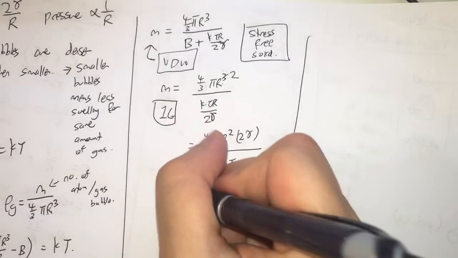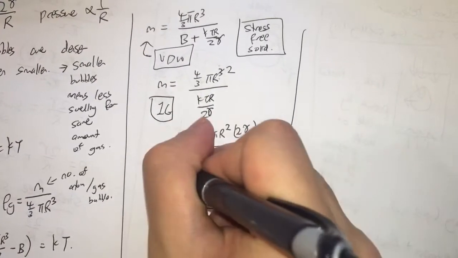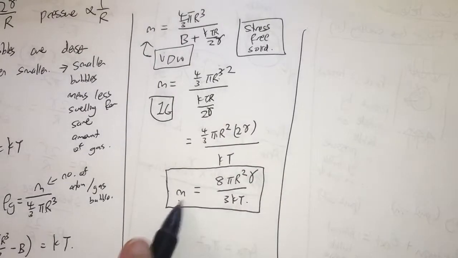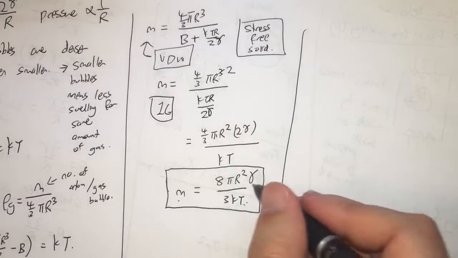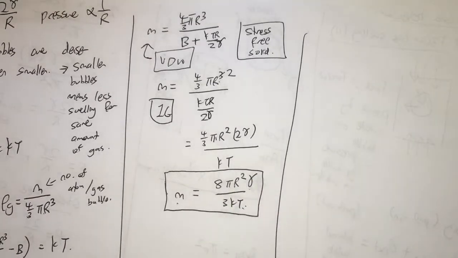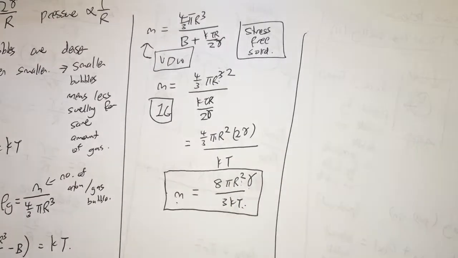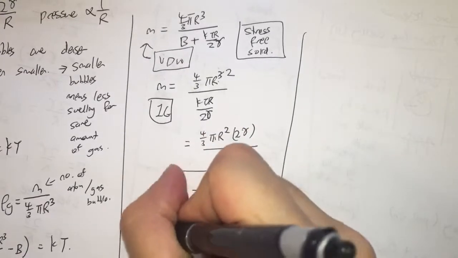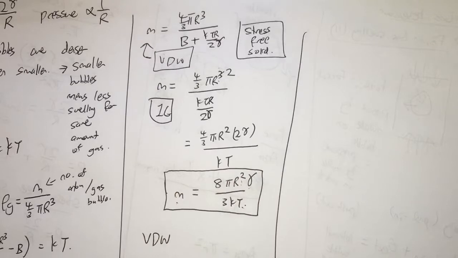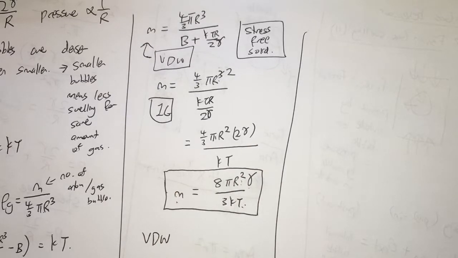That is what M will be like. And this is an expression for the number of atoms in a bubble for a given temperature, the surface tension, and everything else. Of course, the size of the bubble is to be taken into account.